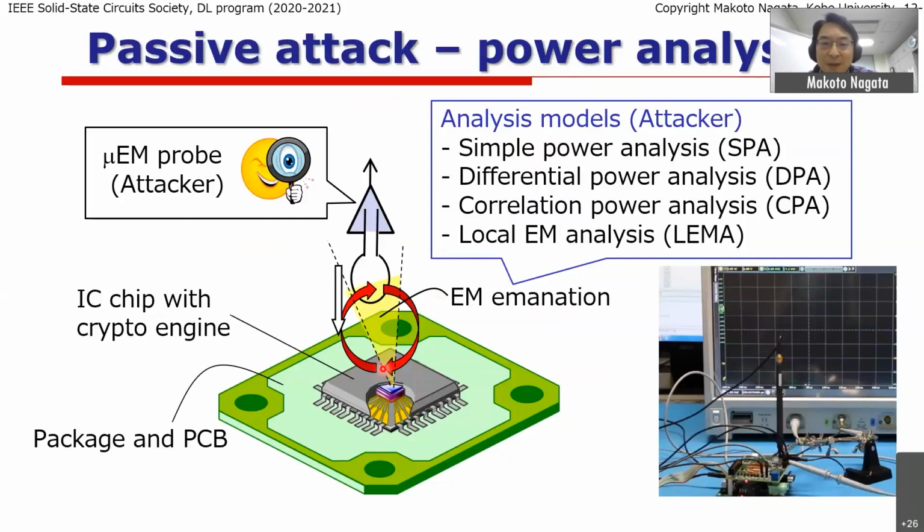Once the attacker captures the EM wave shapes, they have many different ways of analysis to extract the secret information. Number one, simple power analysis. Number two, differential power analysis. Number three, correlation power analysis. And in some cases, what we call local EM analysis, which is especially the measurement done by the antenna to capture the EM.